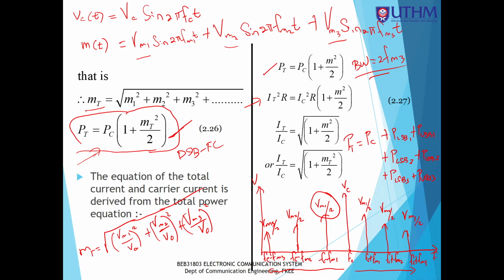So P total is equal to I total squared multiplied with R. Remember the power equation, power is equal to I squared R. I total squared R equals IC squared R multiplied with 1 plus M squared over 2. Rearranging the equation, we get IT over IC equal to square root of 1 plus M squared over 2. If we want to consider multiple inputs, we need to use the total modulation index squared here.